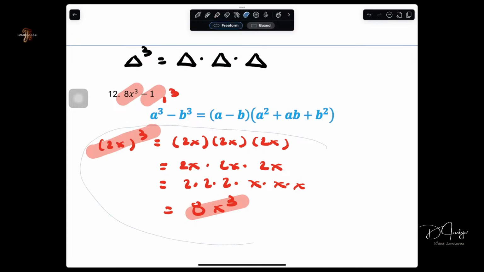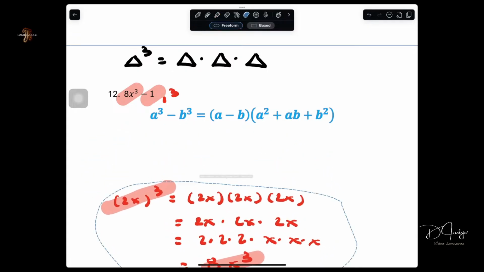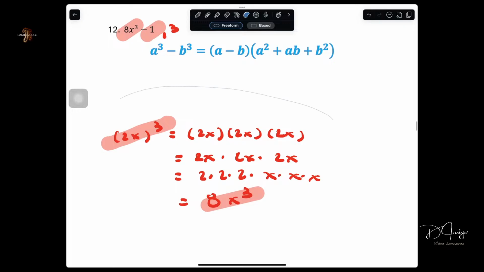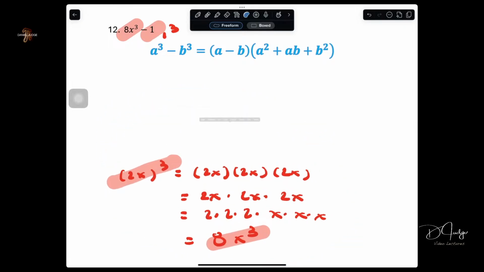So let's move this down and let's use this information. You say, how do I use it? This is what we're saying. That the A value right in here gets replaced with 2x.